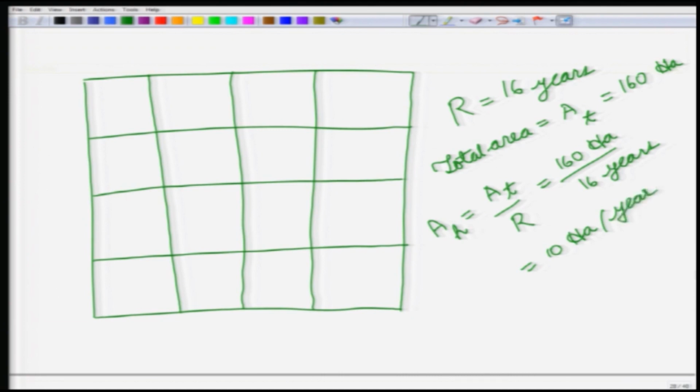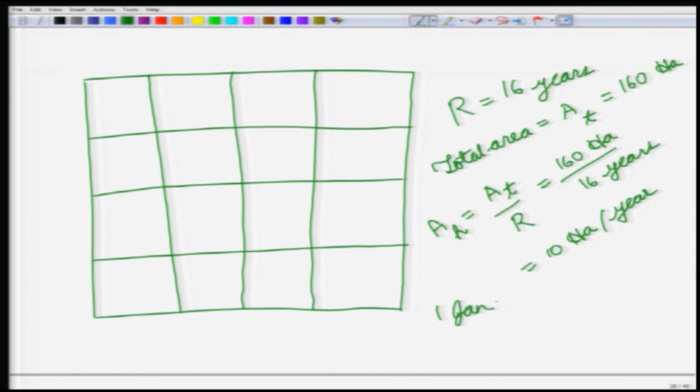Now, suppose you have this forest and you do not know the age of different sections. This method lets you convert this forest into an even aged forest and ensure that it will be maintained as an even aged forest. So, let us say that on 1st of January 2020 you clear cut this section.